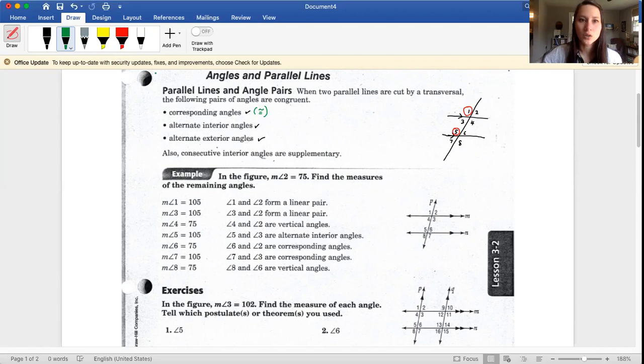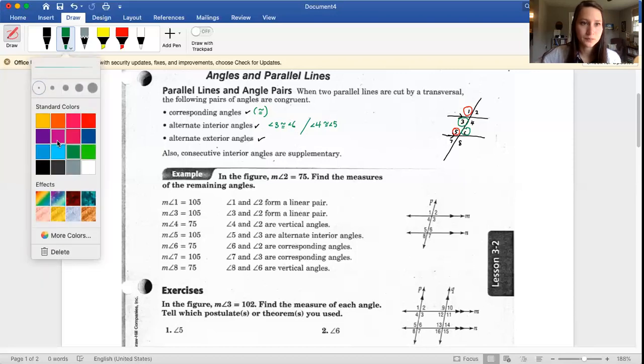Let's take a look at alternate interior angles. Alternate interior angles would be something like angle 3 and angle 6. So 3 and 6 would also be congruent. Another set of alternate interior angles would be 4 and 5. Those would be congruent also. Alternate exterior angles, so let's use a different color here.